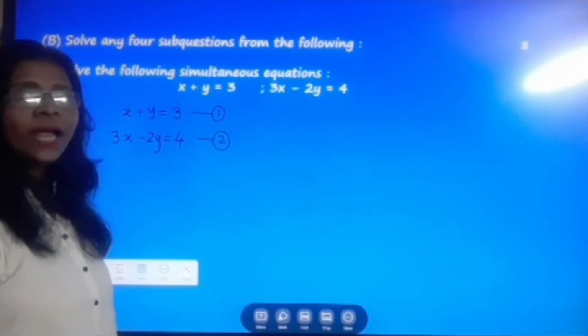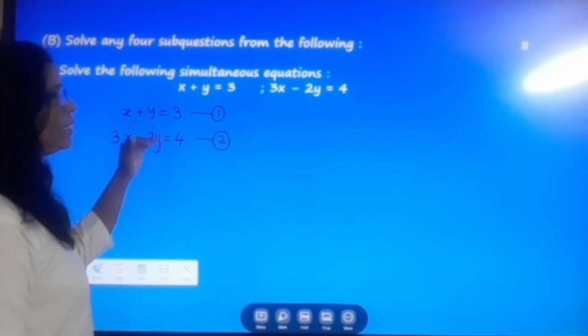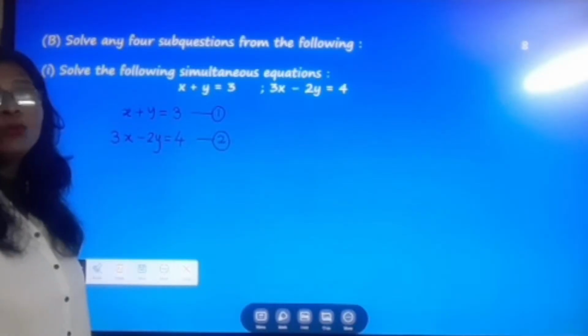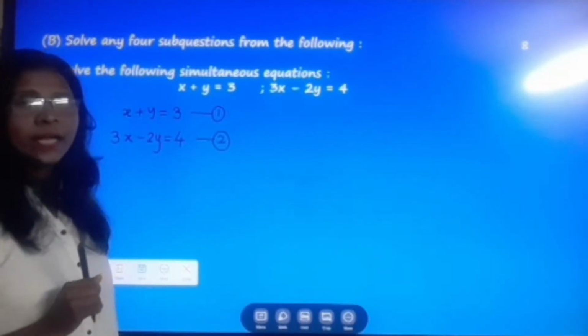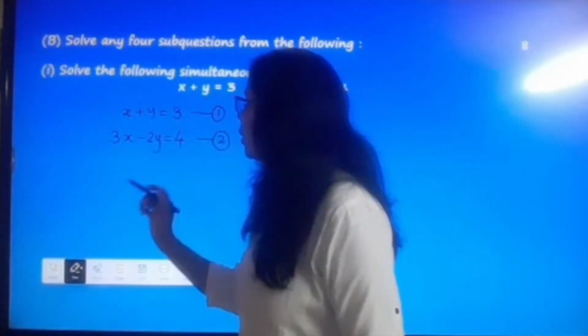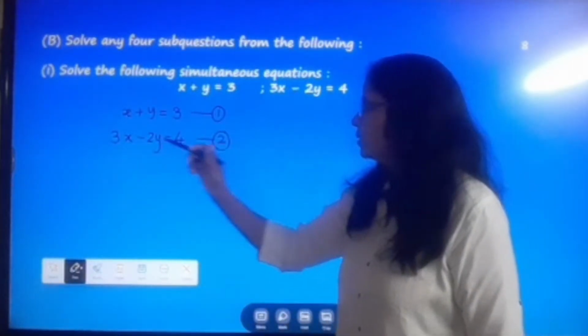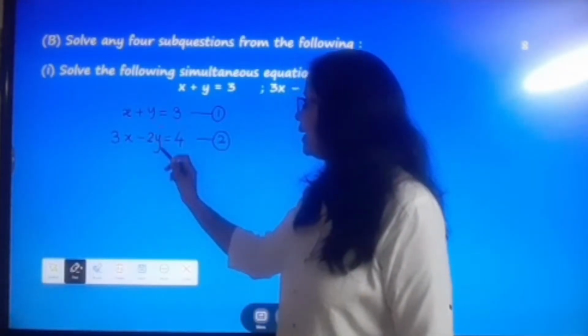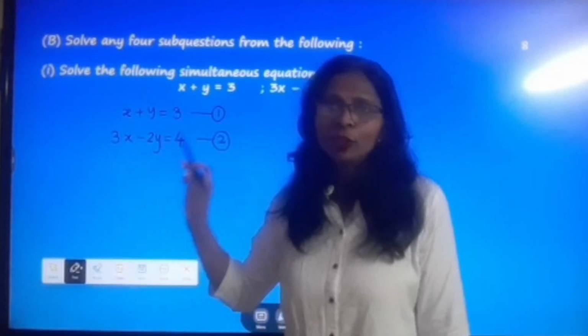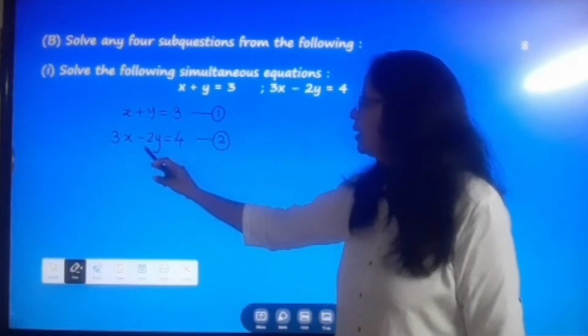Okay, if you write it down this way, one below the other, then you can get the idea, students, that if you see carefully, the coefficient of y here is minus 2.